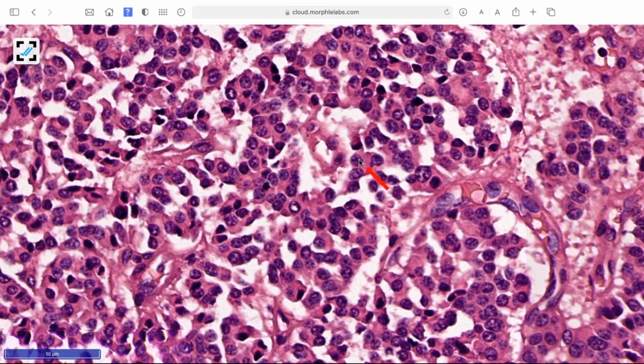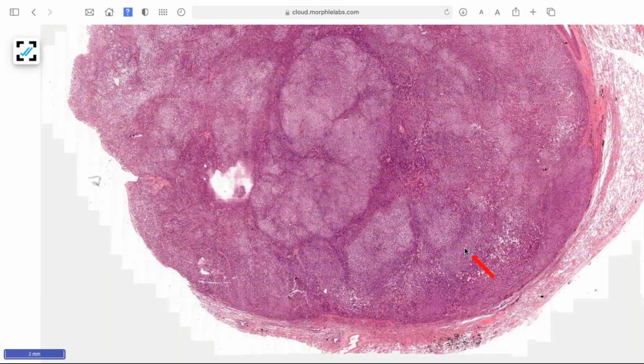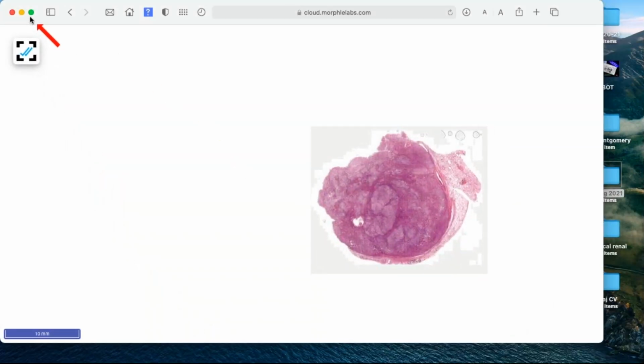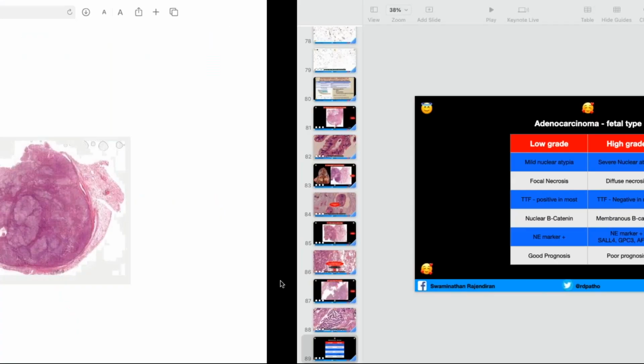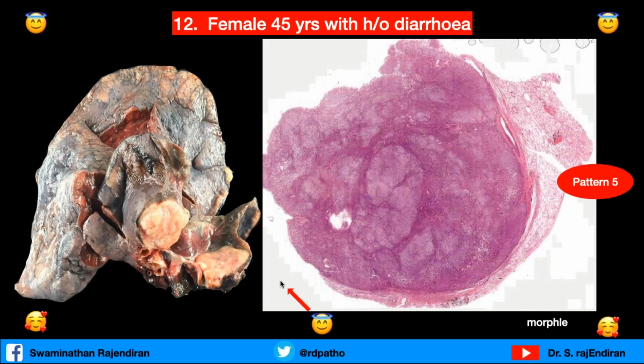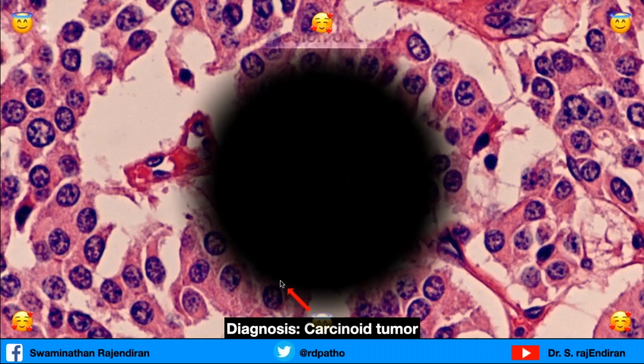See how they are looking like plasma cells. This is a marker for neuroendocrine origin, and see the salt and pepper chromatin pattern. Okay, so no mitosis, no necrosis. So this is a typical carcinoid tumor. Plasmacytoid cells and salt and pepper chromatin pattern: carcinoid tumor.